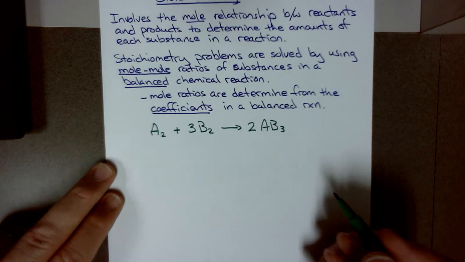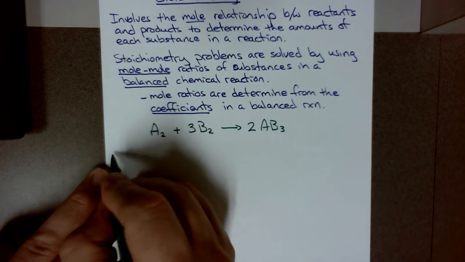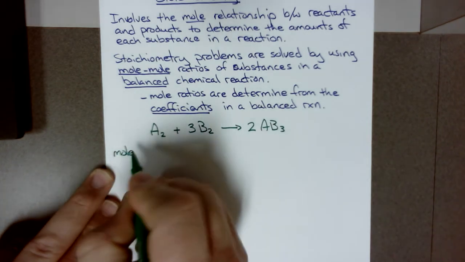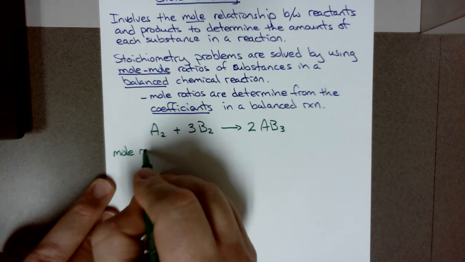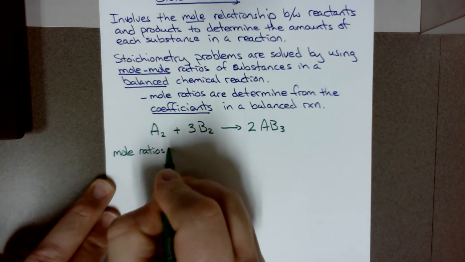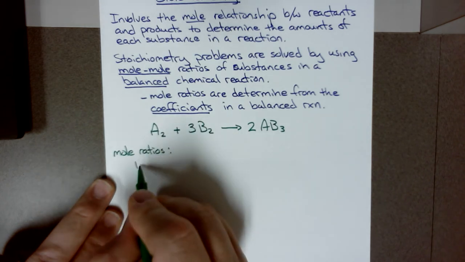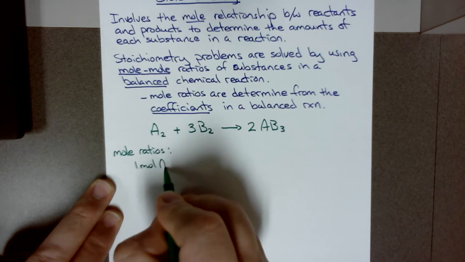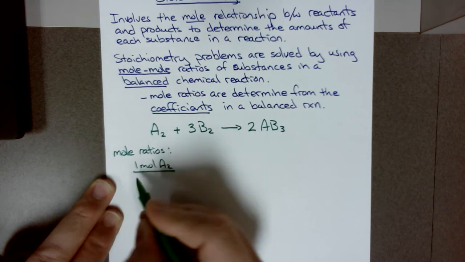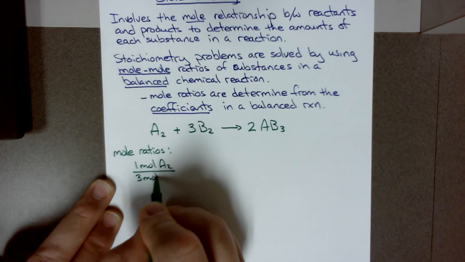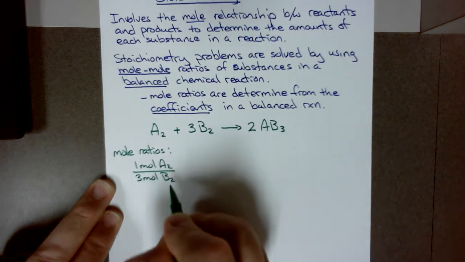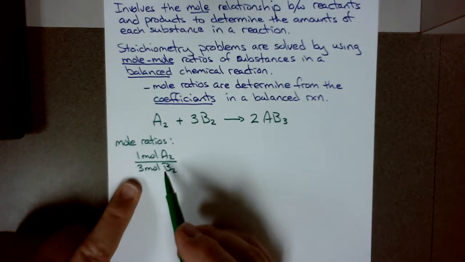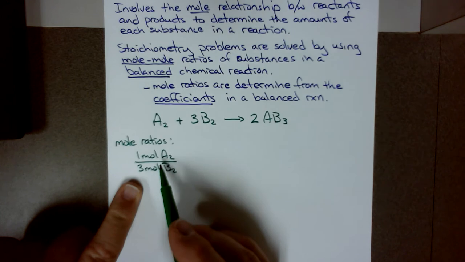So my mole ratios in this would be, let's look at the mole ratios. We would have 1 mole of A2 for every 3 moles of B2, or I can also have the reciprocal, 3 moles of B2 over 1 mole of A2.